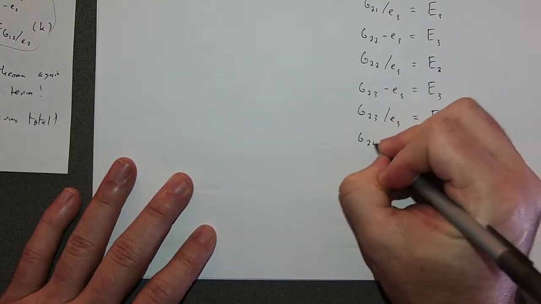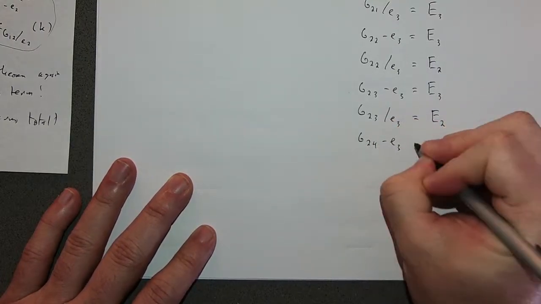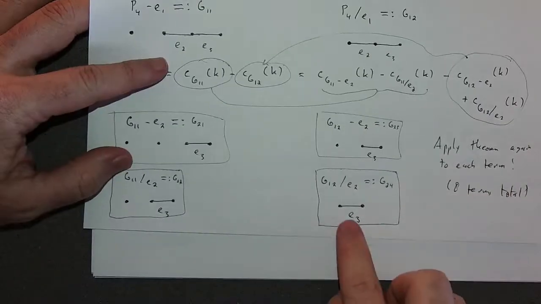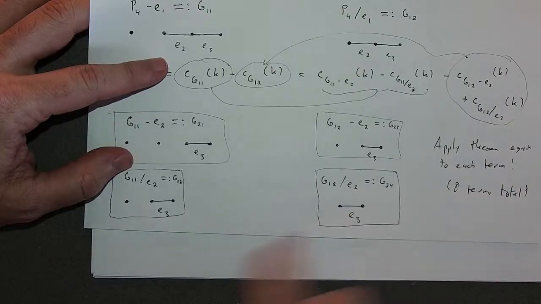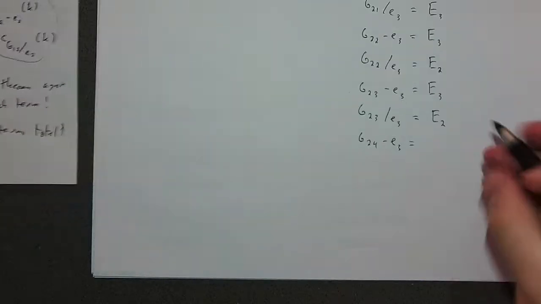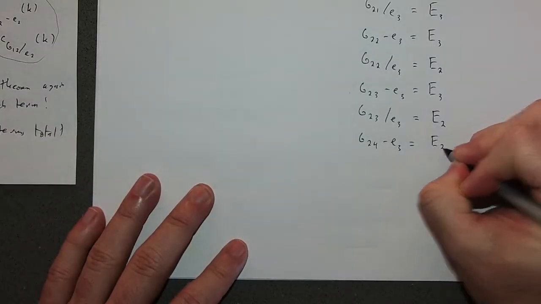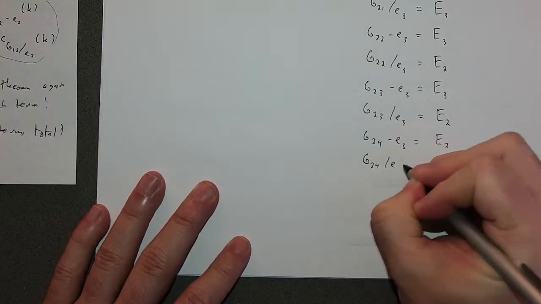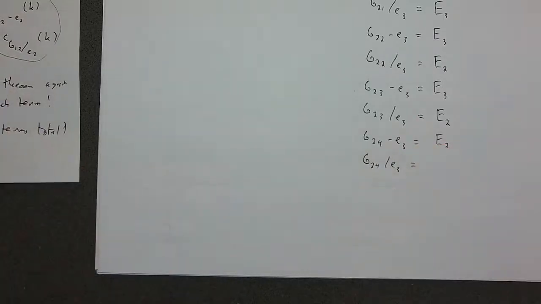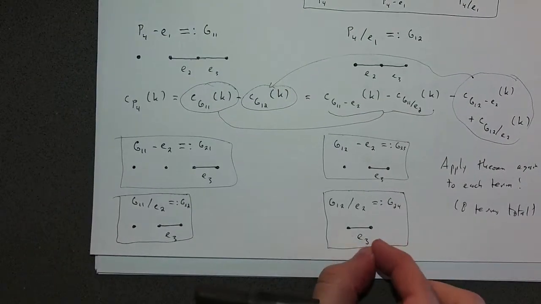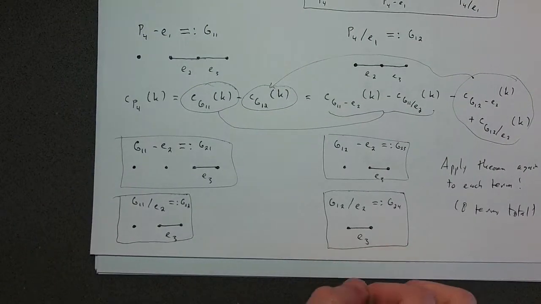What about G24? G24 minus the last edge is the empty graph on two vertices. I just take away that edge. G24 with that last edge collapsed. I remove that edge, identify the two vertices to a single vertex.